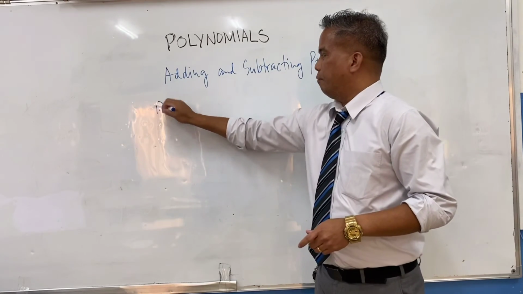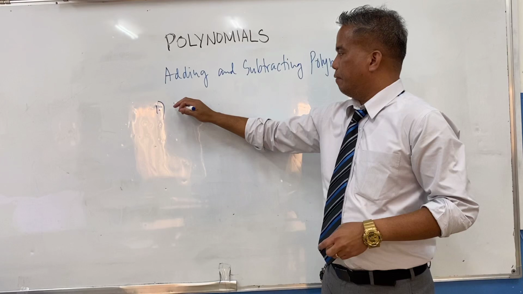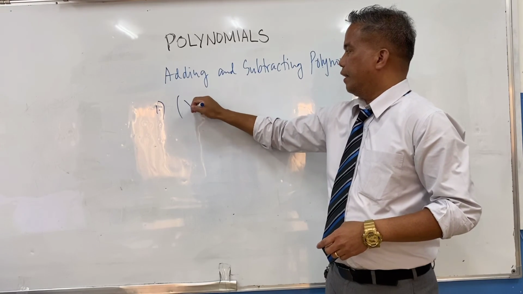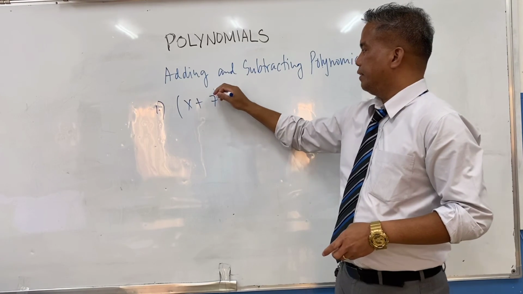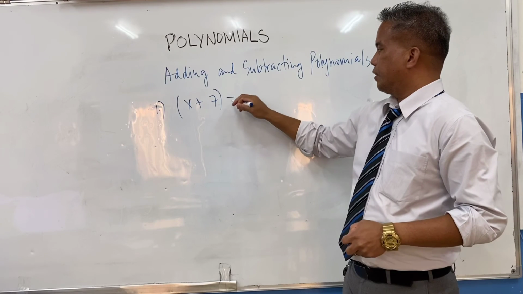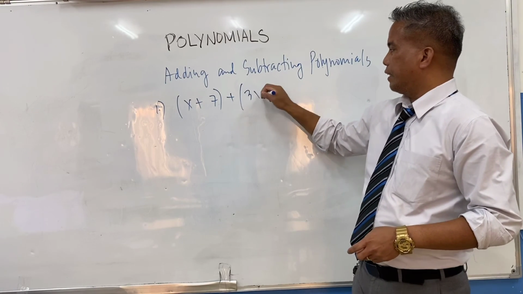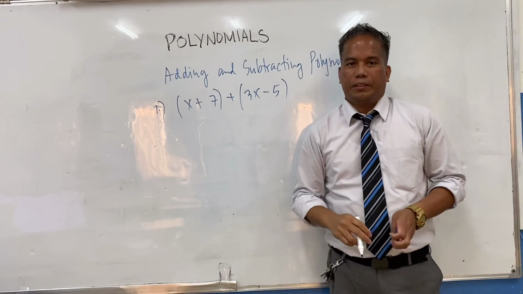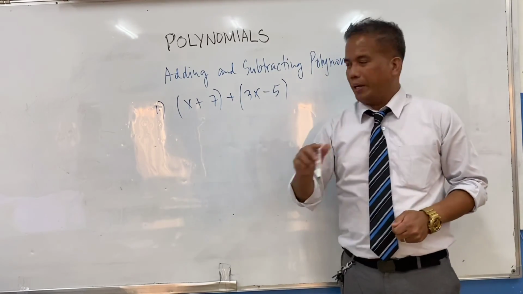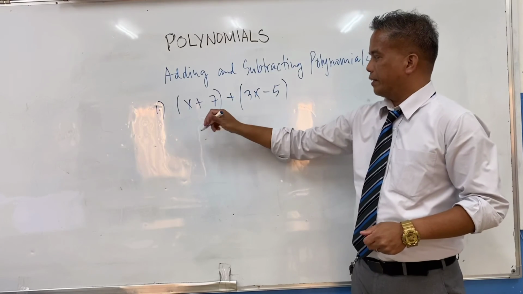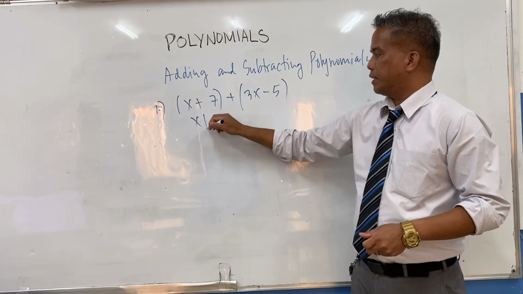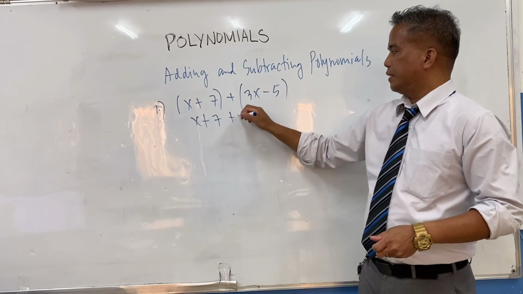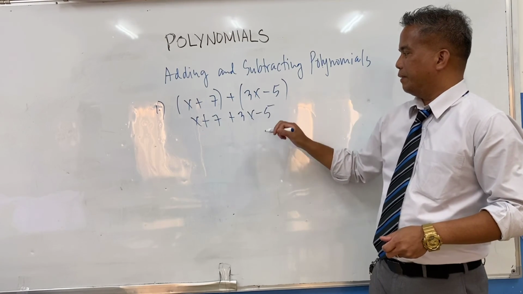Example, if we have the quantity (x plus 7) plus (3x minus 5). So first remove the bracket or the parentheses. It will become now x plus 7 plus 3x minus 5.